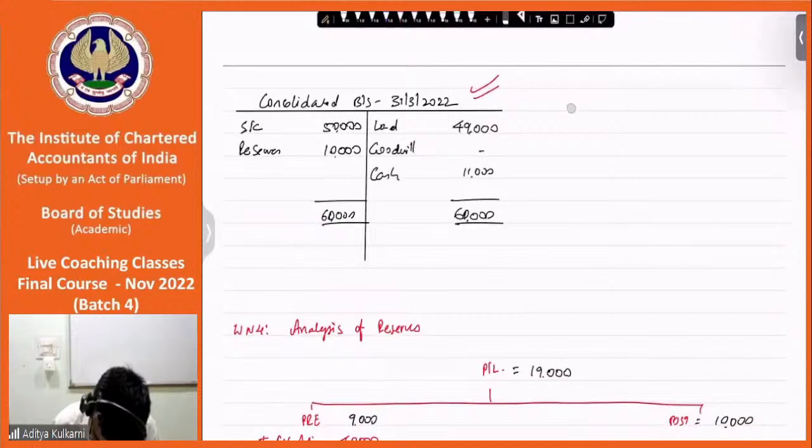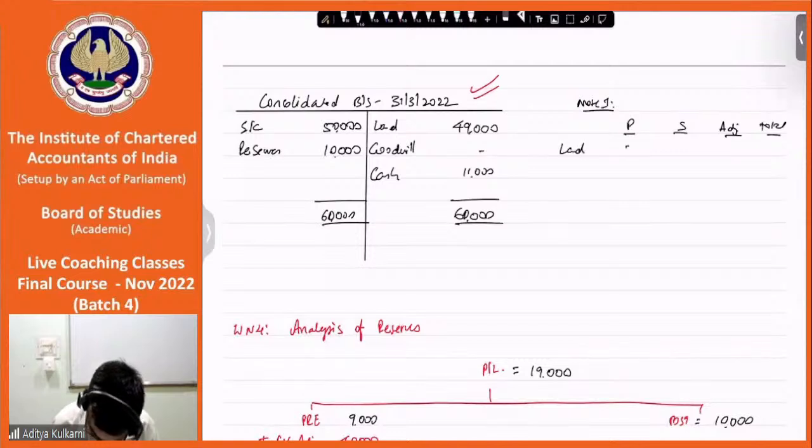Your note number 1 would look something like this. PS adjustment total. Note number 1 would look like this. Land at 49,000.